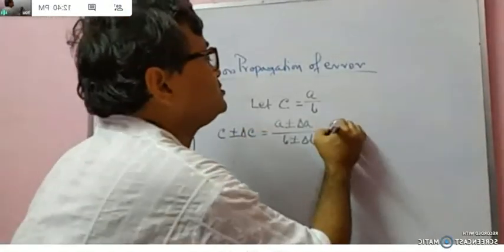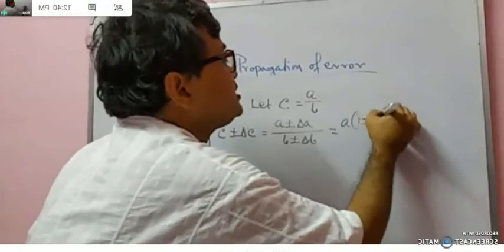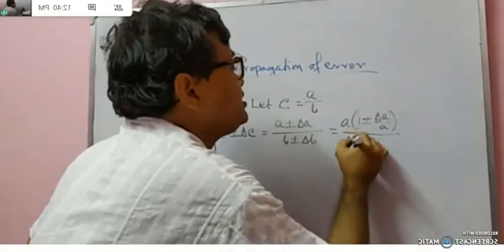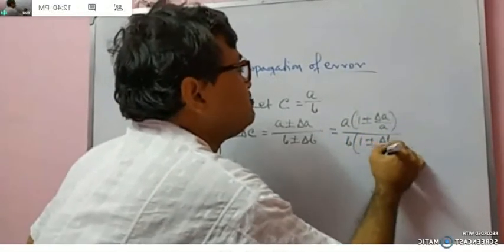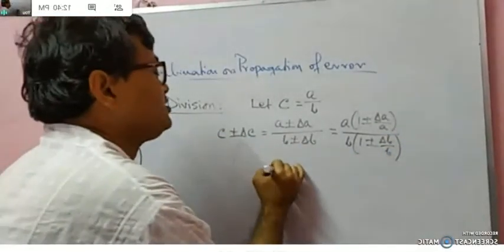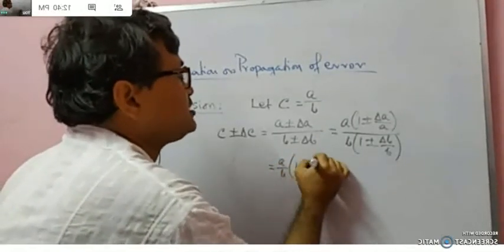So A times 1 plus minus delta A by A, by B times 1 plus minus delta B by B.